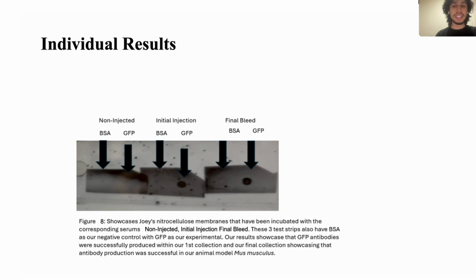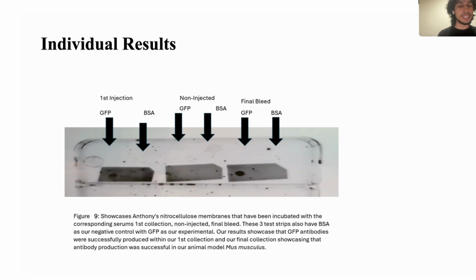Our initial showcases that our BSA does not have any signs of binding, and our GFP does. And our final bleed showcases very similarly. However, there is a small little circle with our BSA. This could be due to human error as well, as this is not corresponding with the rest of our results. And we all use the same serum, so theoretically we should all get the same results.